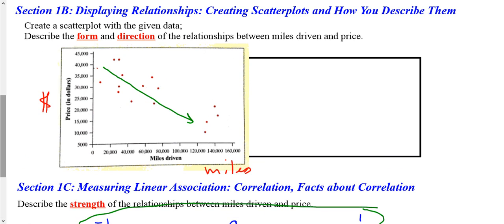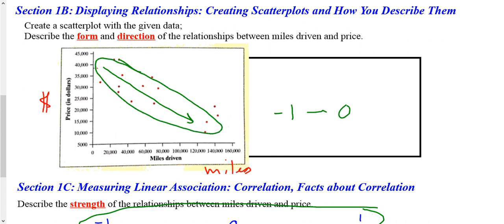So you know it's negative, so it's probably going to be between -1 and 0. And you're probably looking at something maybe about -0.5, or closer to -1, because it does seem pretty tight in how it fits here. And that value we will learn how to calculate as well in the future.